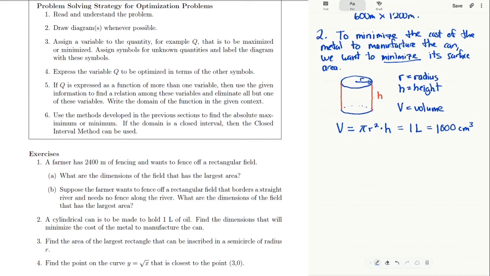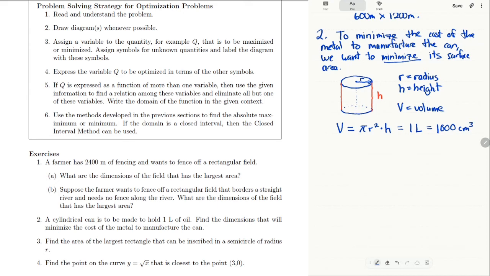And so now what we want to write down is the surface area of the can. So the surface area of the can is composed of the top and the bottom of the can, which are circles.